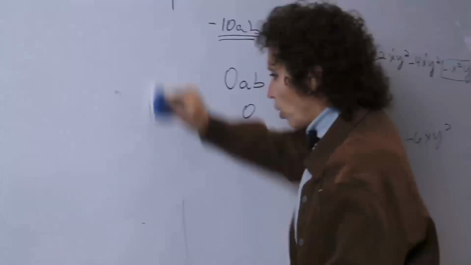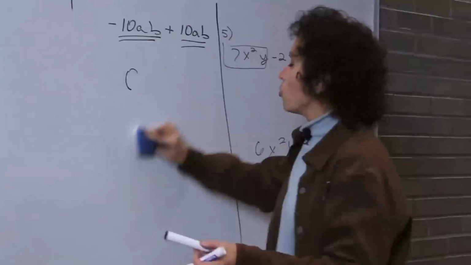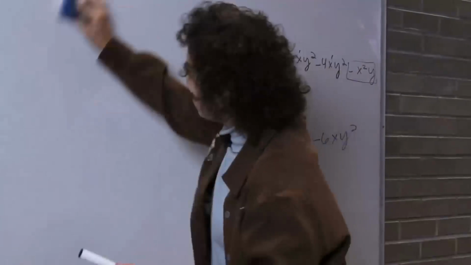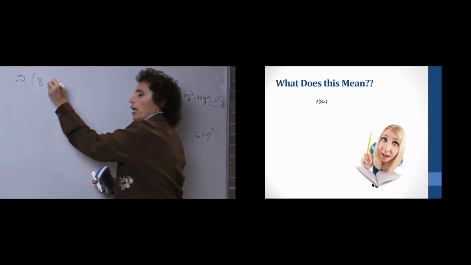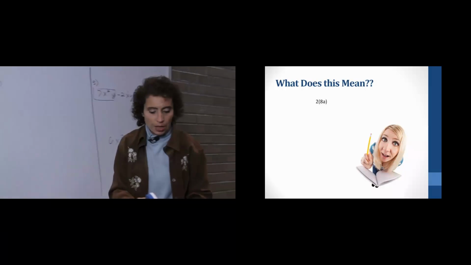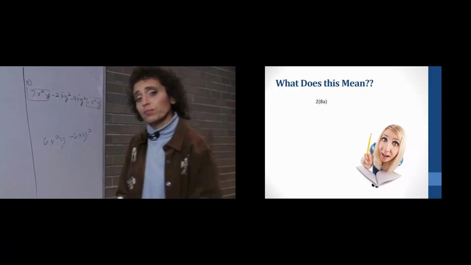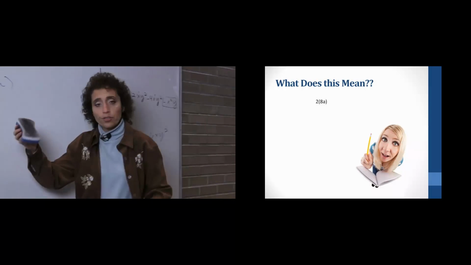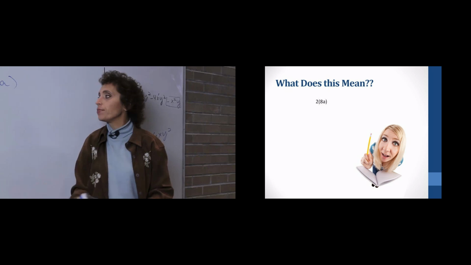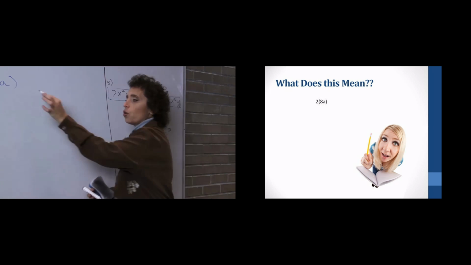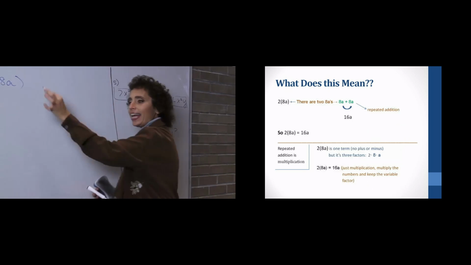Let's, again, try to use something we already know to teach us something we don't know. So look at the following. 2 times the quantity 8a. There are actually 3 factors here: the 2, the 8, and the a, because that's actually 2 times 8 times a. However, what I could say is there are 2 8a's.